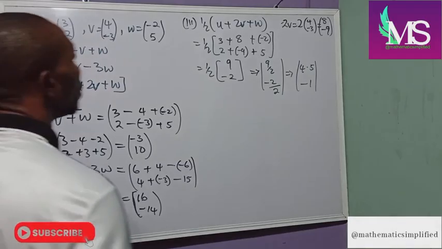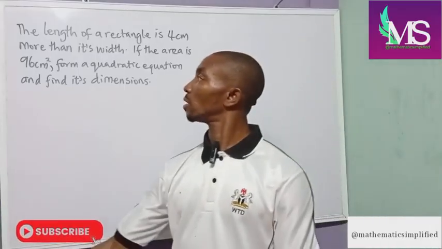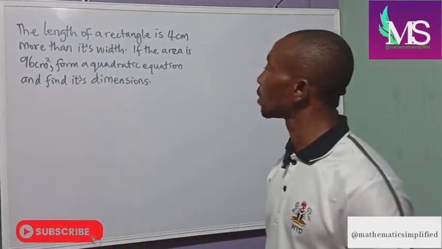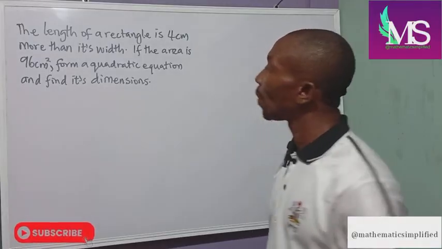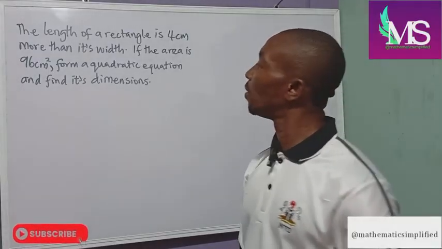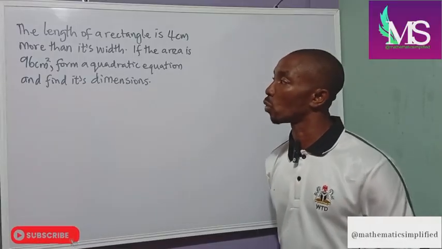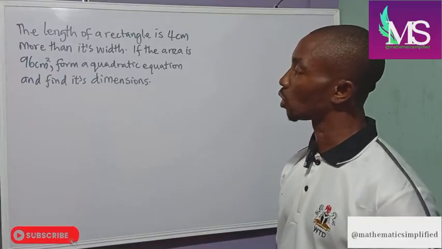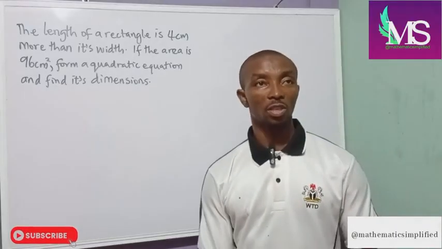Our next question says, the length of a rectangle is 4 cm more than its width. If the area is 96 cm squared, form a quadratic equation and find its dimension.